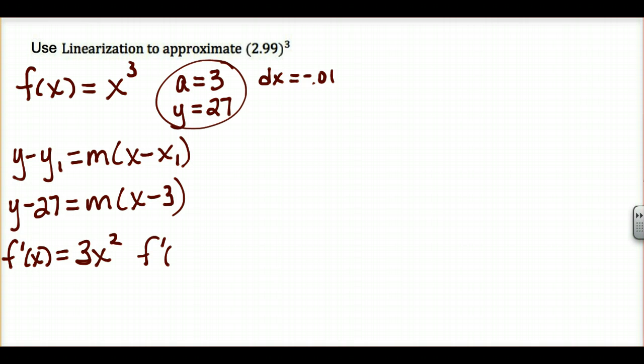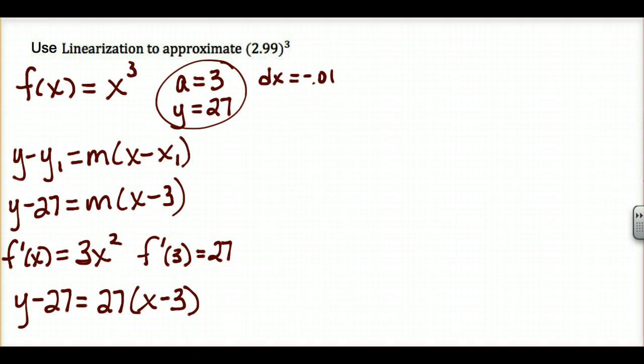Our derivative at our point of tangency is going to be 27. So when we put that all together, we get our equation of our tangent line, 27 times x minus 3. And then to get y alone, so that we can figure out what our new y value will be, it's going to be this plus 27.